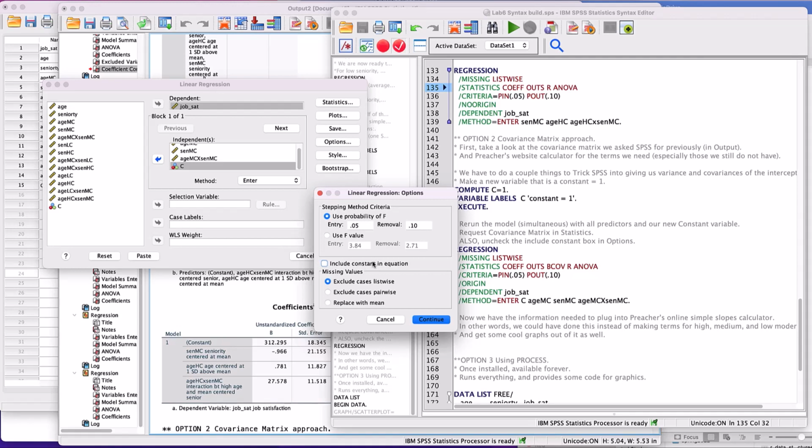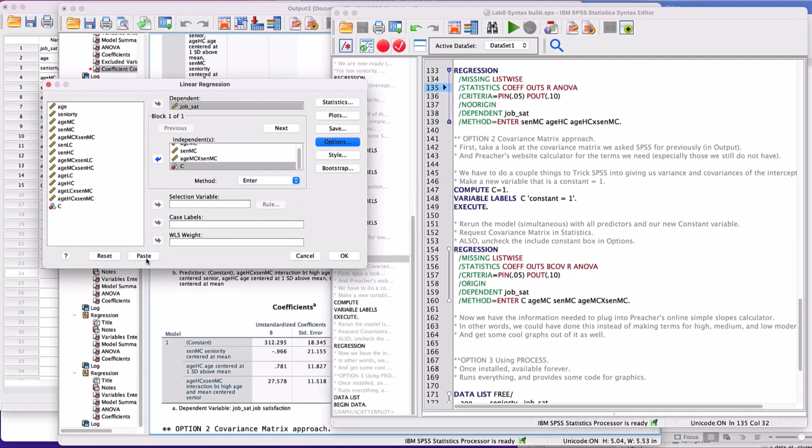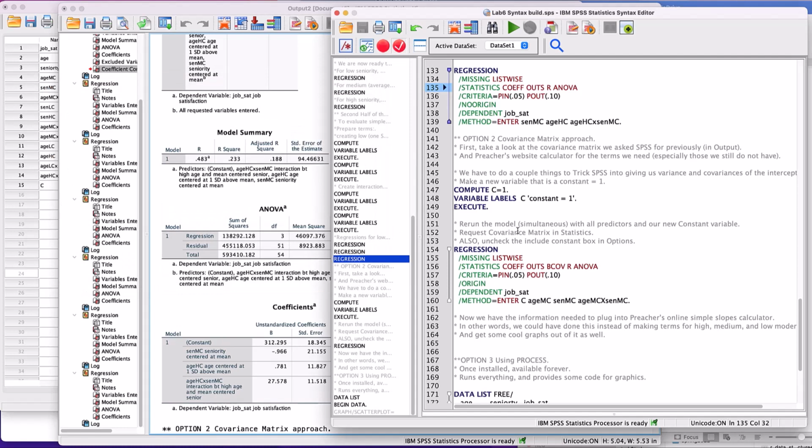We're going to take it out because we've added it manually here. So we don't want SPSS to add it again to the model, then it would be in there twice. So I'll hit continue. You want to paste your syntax and run it from there. And let's see what we got now.